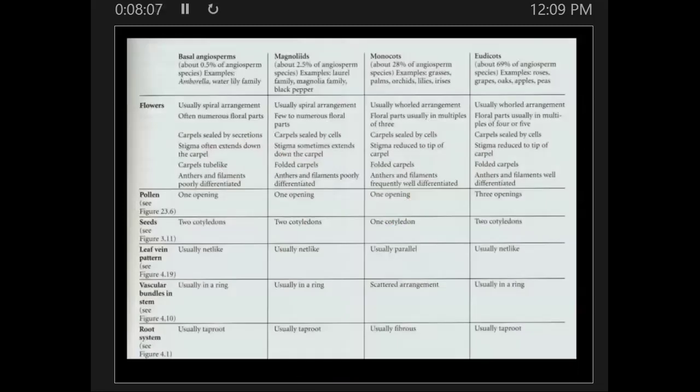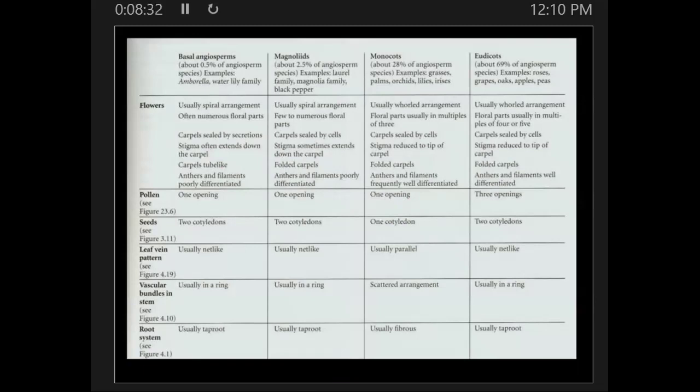So we're going to look at some of these, and actually this next table takes what we saw on that previous slide and puts it into table form. You can see what they're looking at in terms of characterizing the different angiosperms. They look at flower design, pollen, whether it has 1 or 3 openings, leaves in the seed, vein pattern, vascular bundle pattern, root system.